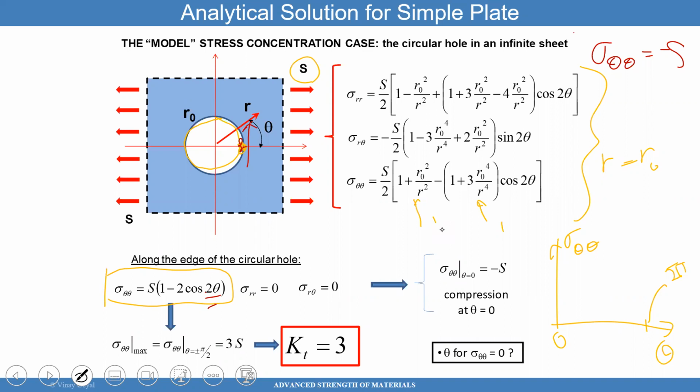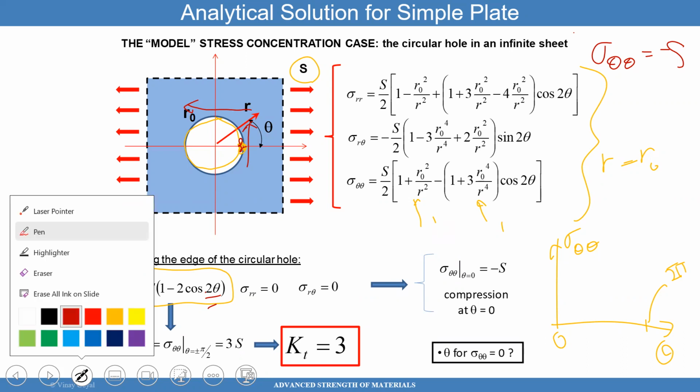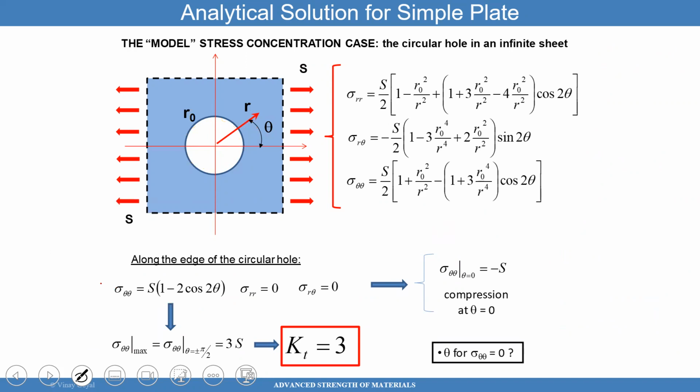But when I look at theta equals 90 degrees, which is over here, now the hoop stress is going this way. That's the hoop stress we're talking about. That theta there is pi half. What happens there? Sigma theta theta equals S times 1 minus 2 cosine 2 theta.